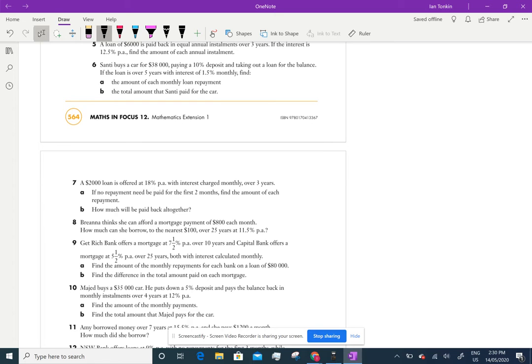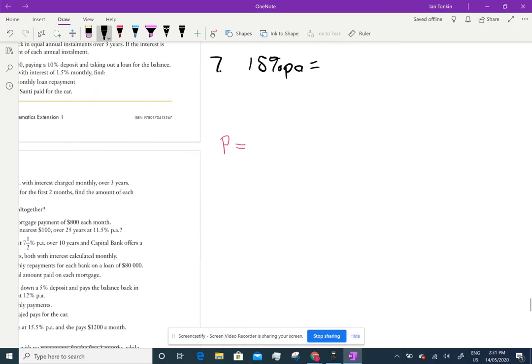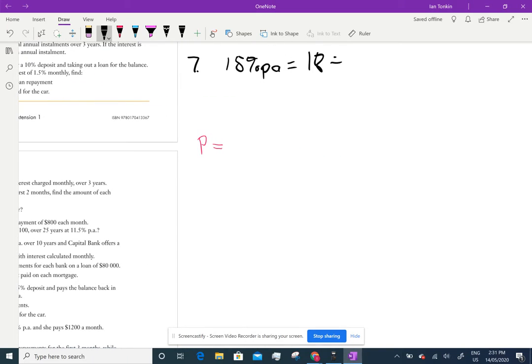So I'm going to do this as though interest would have been charged for those first 2 months. After the first 2 months, I'm just going to pick this up here and use a different letter. So I'm going to call this a principal. It's going to earn the 18% per annum, which is going to equal, because it's per month, 18 divided by 12 divided by 100, which is going to be 0.015.